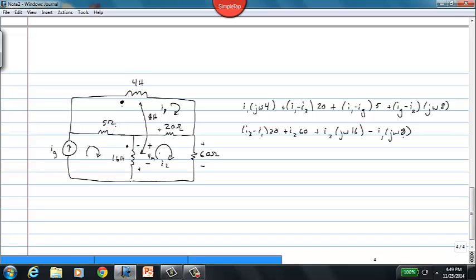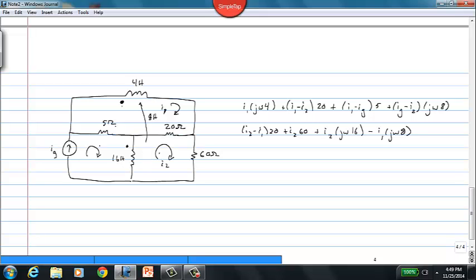Okay. So once again, I'm going to erase my polarity markings. Fix my circuit up a little bit. And I'm just left with this third mesh with IG.